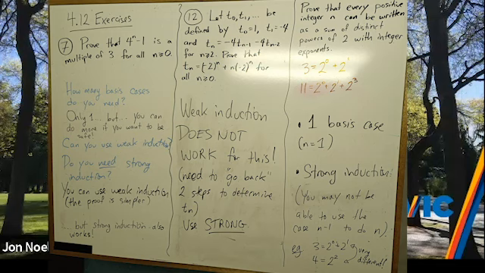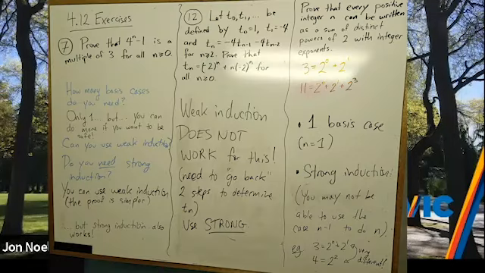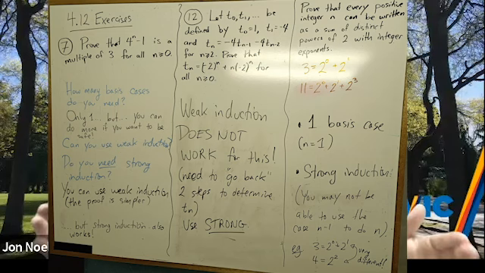Now, let me try to explain a bit of intuition about why that's the case. If I was trying to do this with weak induction, I would have some positive integer n, and then I would go back one step and look at n minus 1 and say, is it possible to write n minus 1 as a sum of distinct powers of 2? And of course, it is possible by the inductive hypothesis. And so I would take an expression where I write out n minus 1 as a sum of powers of 2.